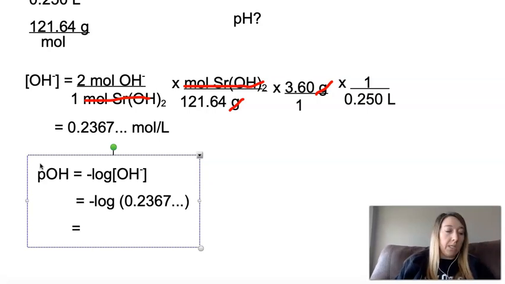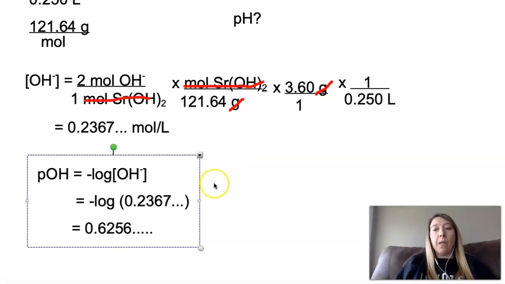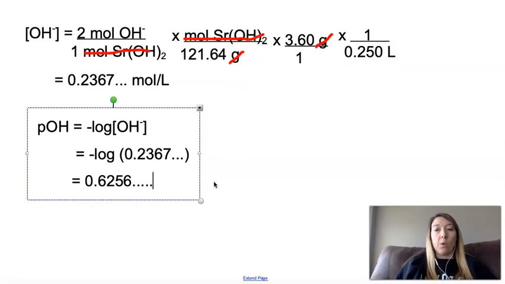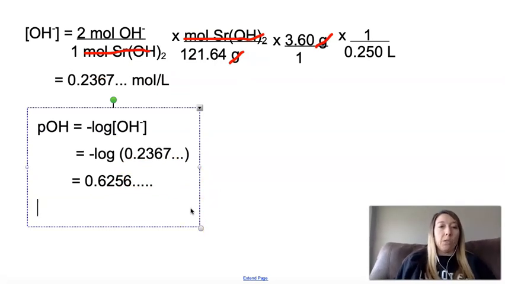There's a lot of decimal places. So we get 0.6256. Again, it just keeps going, okay? Because this isn't ultimately what the question is asking me for, I'm still not going to round for significant digits, right? Because what this question has asked me for is to solve pH.